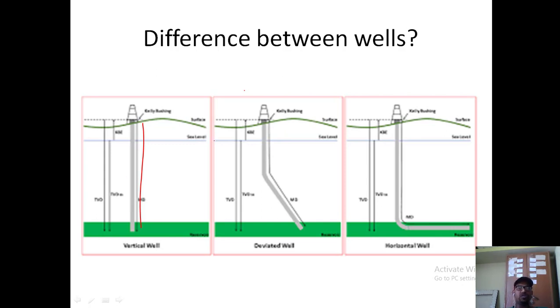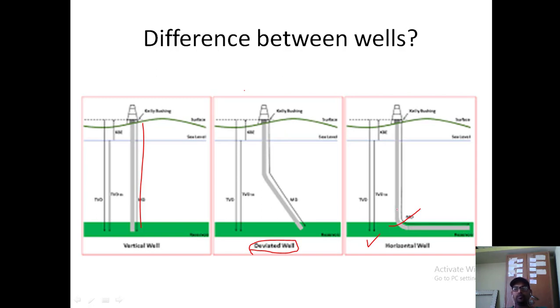But after this we have another well, which is a deviated well. How do we define a deviated well and differentiate it from a horizontal well? First, the horizontal well. After a certain point the well deviates up to 90 degrees.